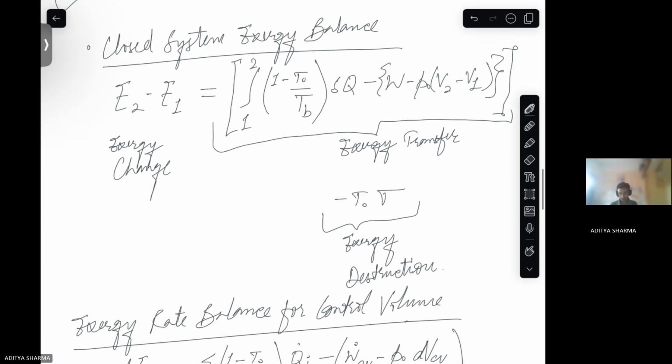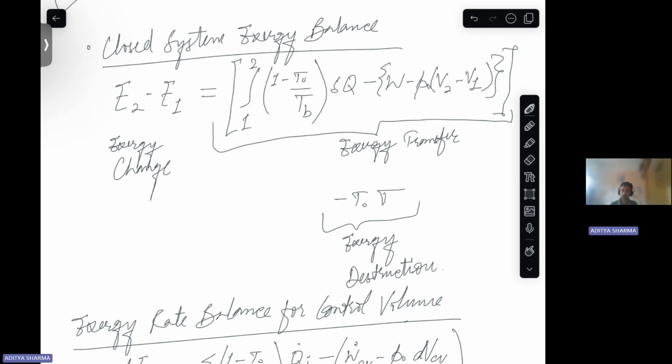Irreversibility leads to destruction in exergy. In the entropy discussion, it was entropy production, which was the result of irreversibilities. And here it has come as exergy destruction.